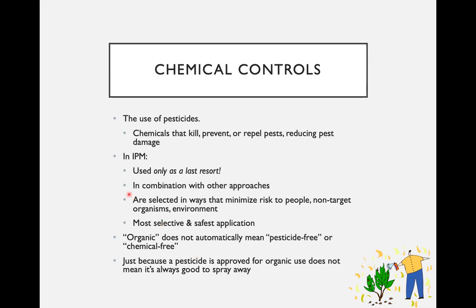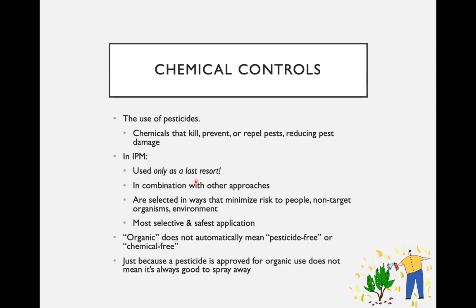Okay, so if we do decide that you need to go that chemical route for whatever reason, you've reached that action threshold, you've tried a number of other different controls in combination with each other, and you have evidence to show that it doesn't seem to be working, then we can try pesticides.